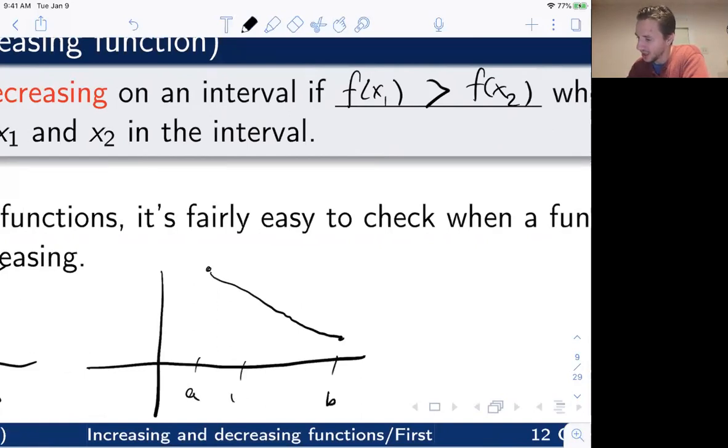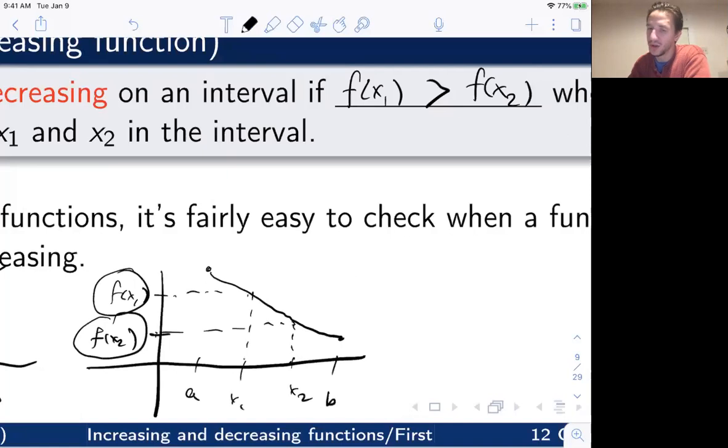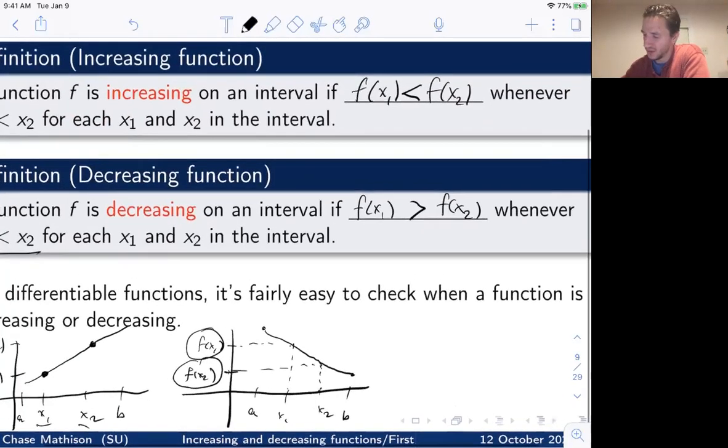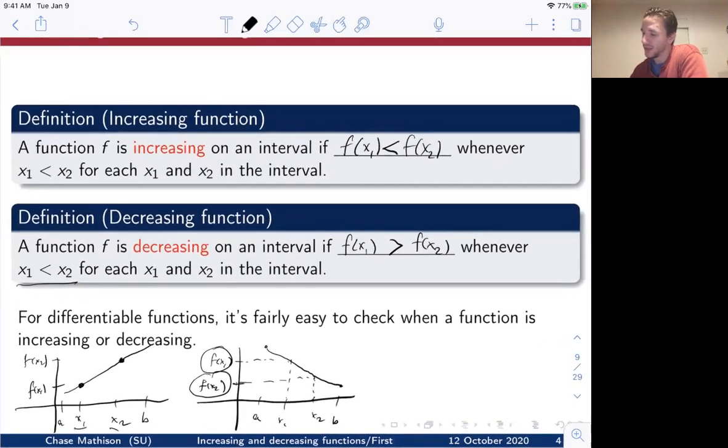If I take any x1 and any x2 in here, well, here's f of x1, here's f of x2, and x2 is bigger than x1, but f of x2 is smaller than f of x1, right? And if you pick any 2 points in this interval A to B, that's going to hold. So this function is decreasing on the interval A to B.